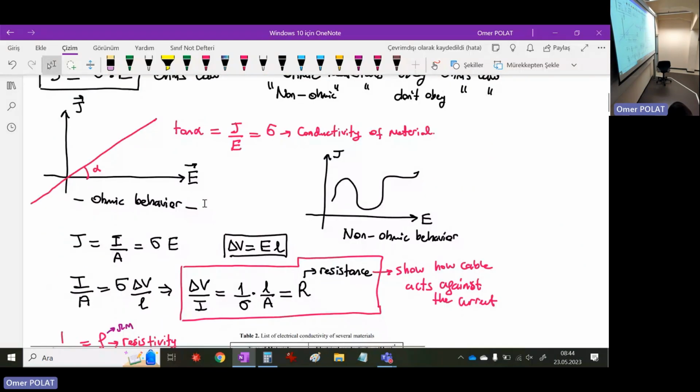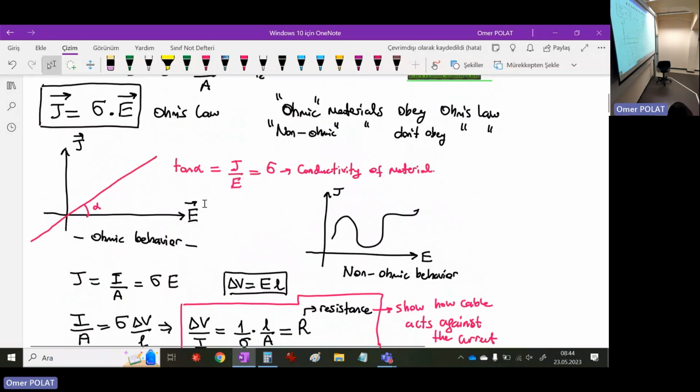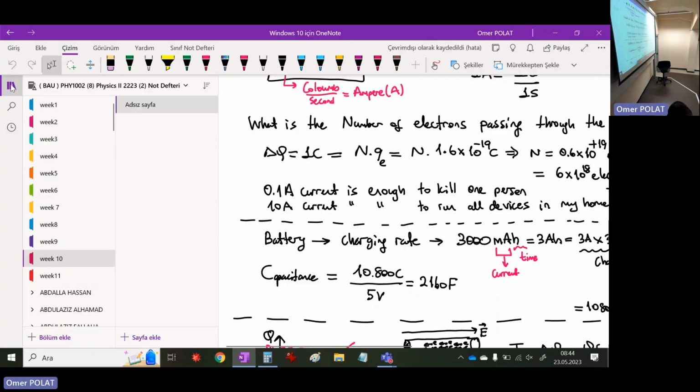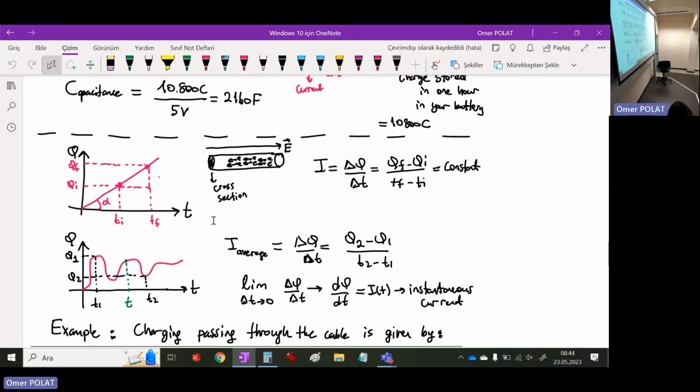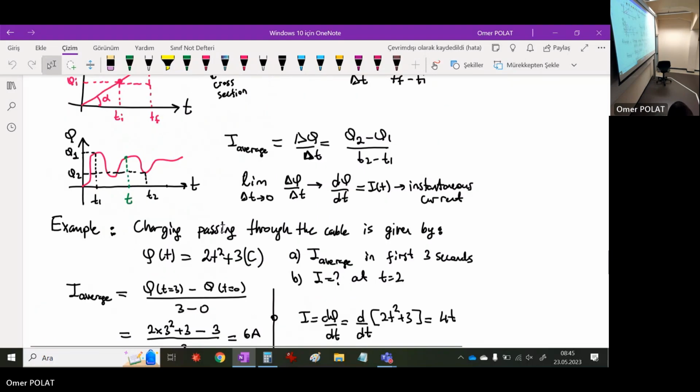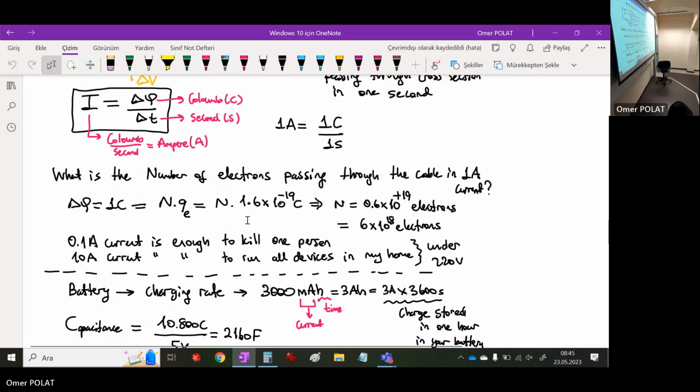We calculated it maybe in the previous week's lecture. How many electrons? Here, 6 times 10 to the 18 electrons. This is 1 ampere.